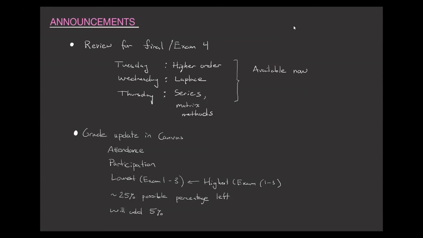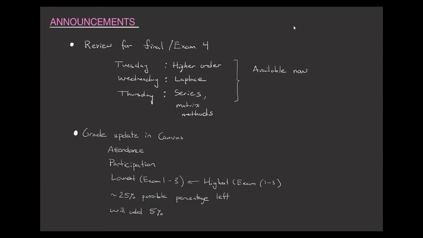Also, as I put in an announcement in Canvas, I've updated the final grades to include attendance and participation, and I gave anyone who has been coming to any degree credit for attendance and participation, just to finish it out. I also replaced the lowest exam score with the highest, as was promised after the first exam. As I mentioned, but maybe it wasn't super clear, there's about 25 percentage points left.